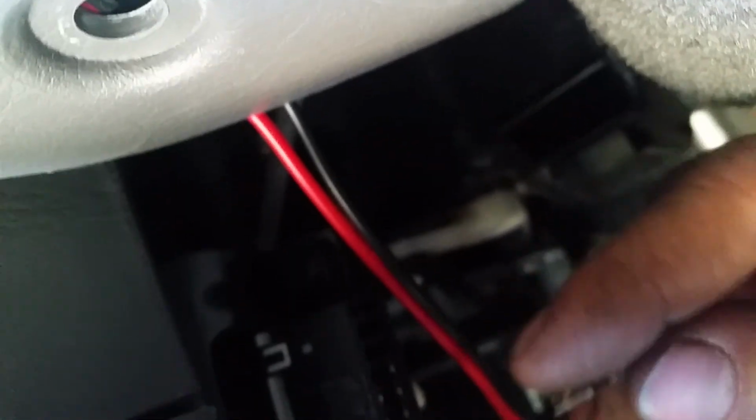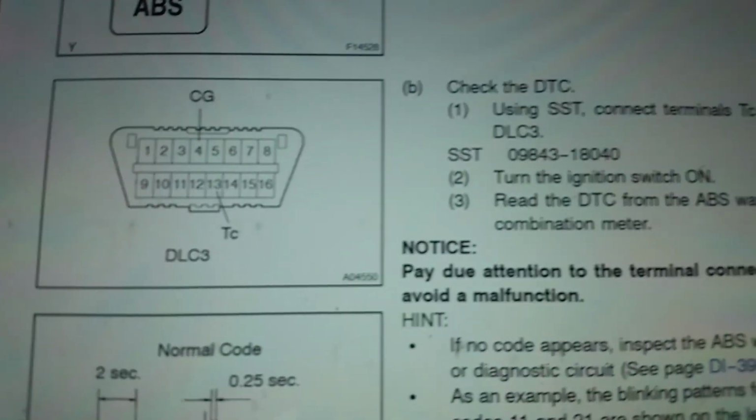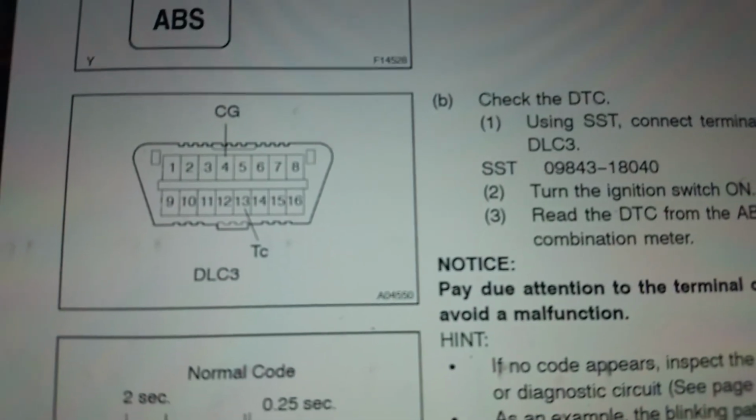I get this aftermarket wiring out of the way: 1, 2, 3, so there's 4. I'll make sure I get my terminal inserted well. Tough to do it while watching the camera. So 4. I believe the other one was 13, but let's check, because this is a scary time. If we jump the wrong stuff, you might be buying an ECM or some ECU on the circuit. So that's right, 4 and 13.